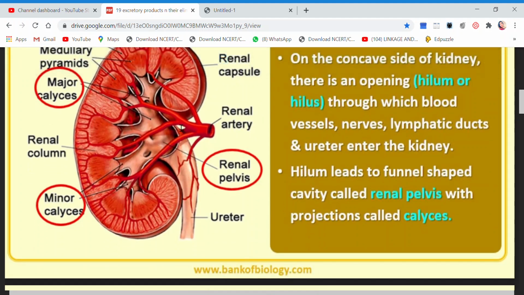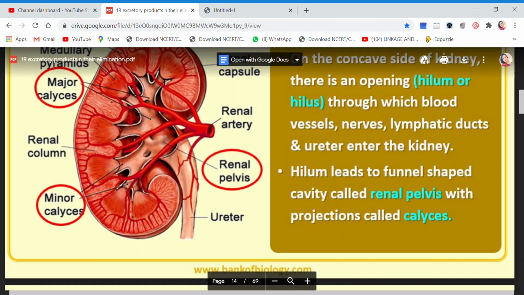This was your notch or the hilum part, and when you enter the kidney, there is a funnel shaped structure called the renal pelvis.